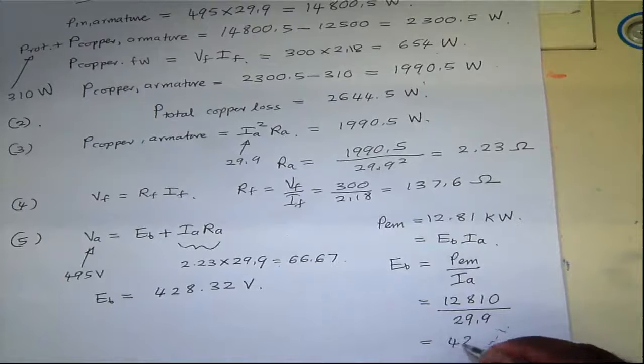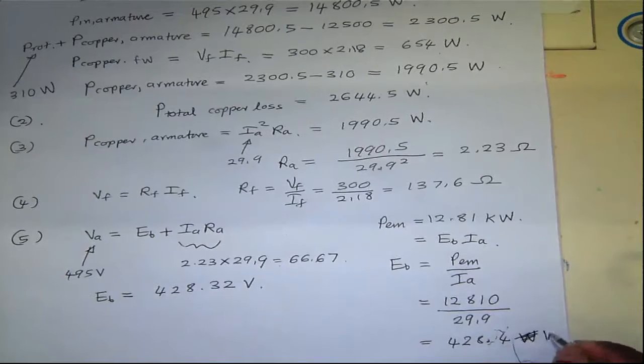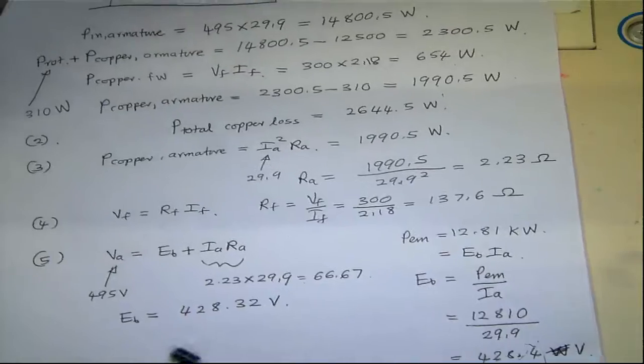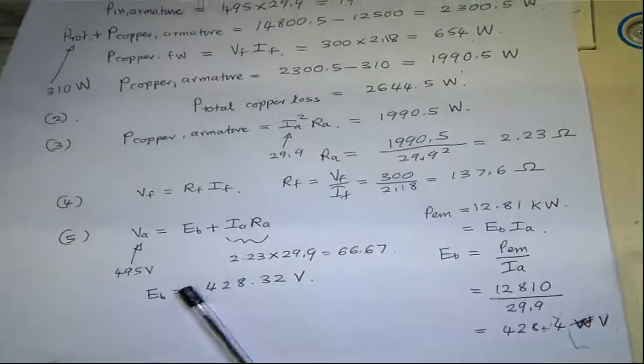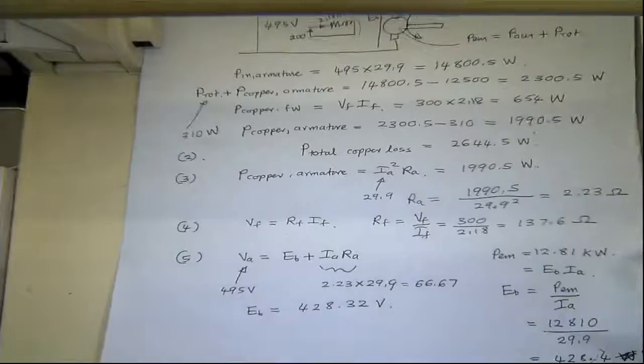So we get 428.4 volts. So either approach is valid. It's the same calculation in the end. Sorry, how did you get PEM?